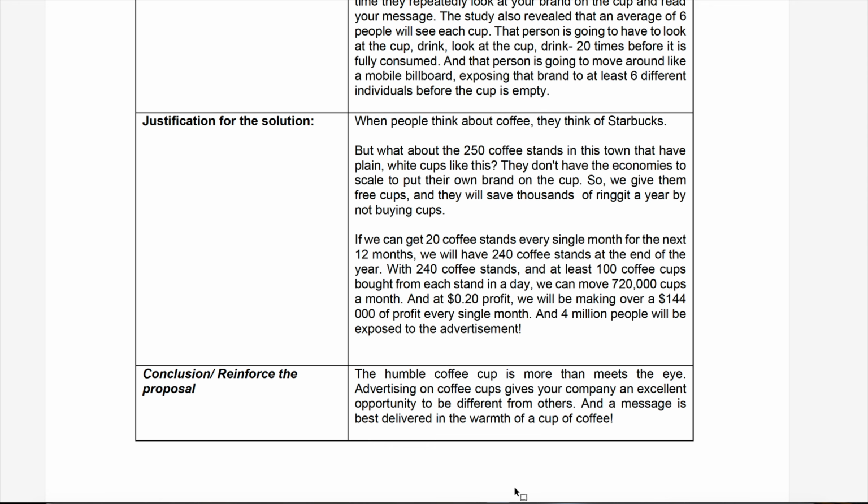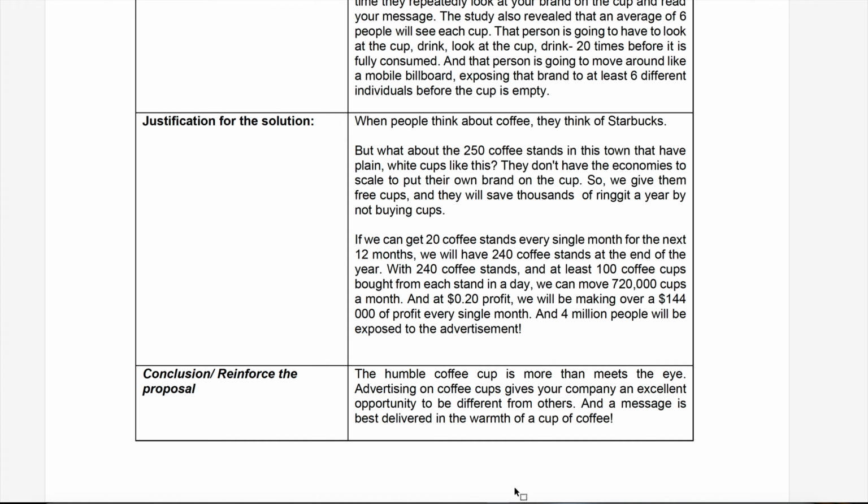Now we have roughly 240 coffee stands or coffee stalls. So 240 times 25, that's quite a lot. That means you can make money, you can grow your business by just advertising on coffee cups. So this is basically the justification in terms of price. You need to justify, provide reasons for your solutions.